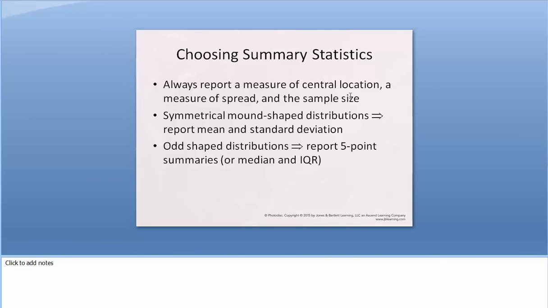Always report a measure of central location, a measure of spread, and the sample size. If the data is symmetric or mound shaped, report the mean and the standard deviation. If you have an odd shaped distribution, report the 5-point summary. This is just a rule of thumb, but it's a good one.